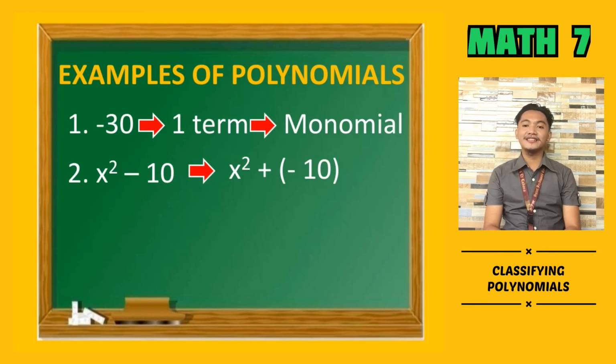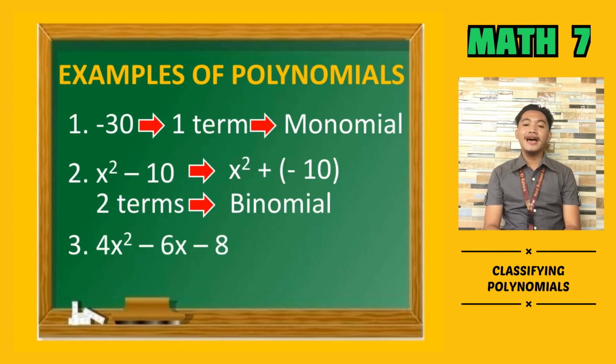I am telling this so that you will not be confused, because there are some books that use x squared plus negative 10 instead of x squared minus 10, while there are also books that use x squared minus 10 instead of x squared plus negative 10. So in this example, there are two terms separated by a plus, which are the terms x squared and negative 10. Therefore, this is called a binomial.